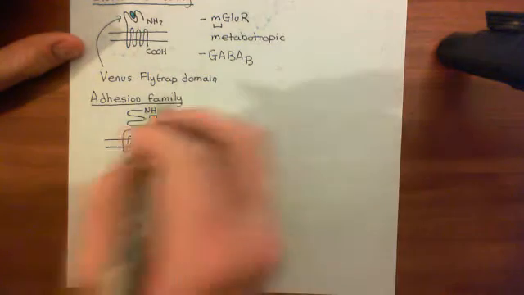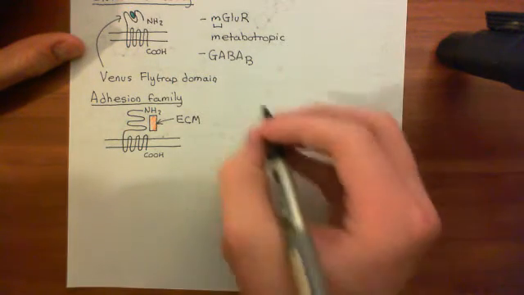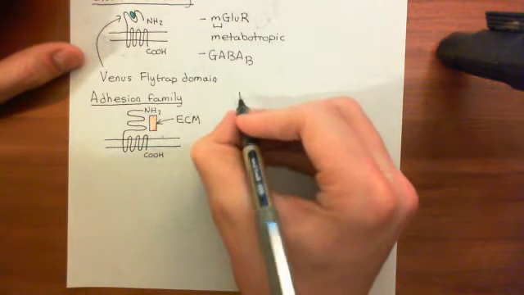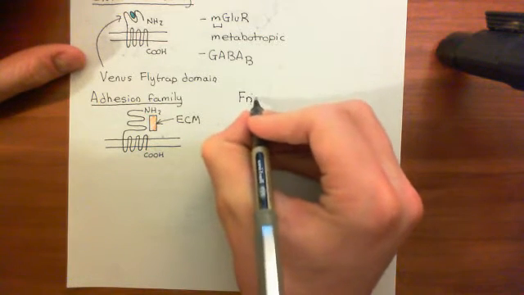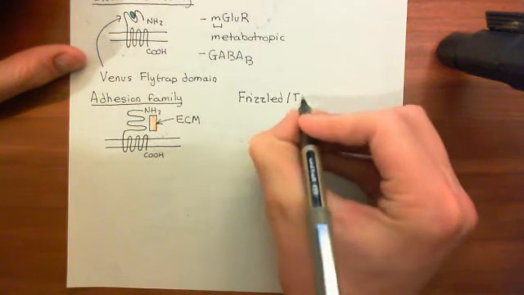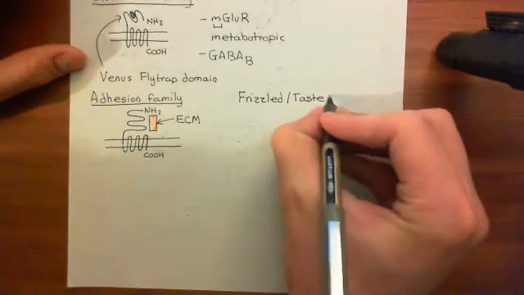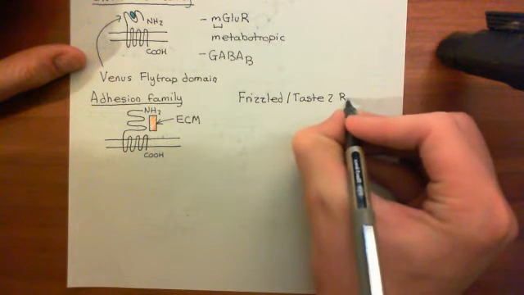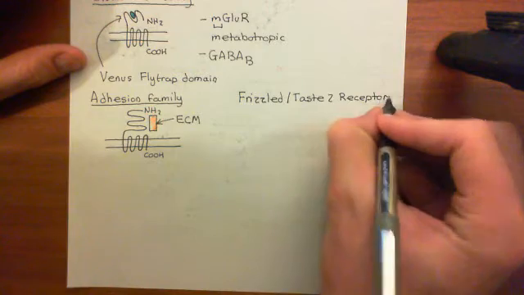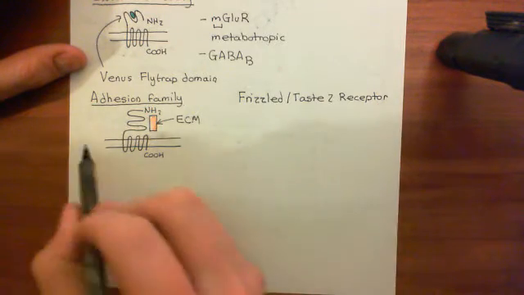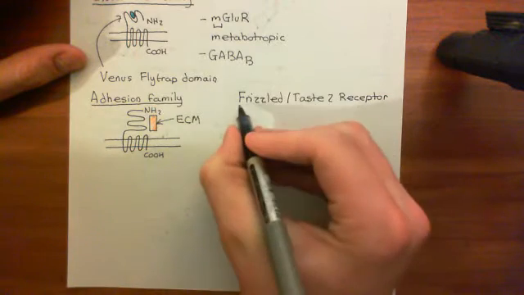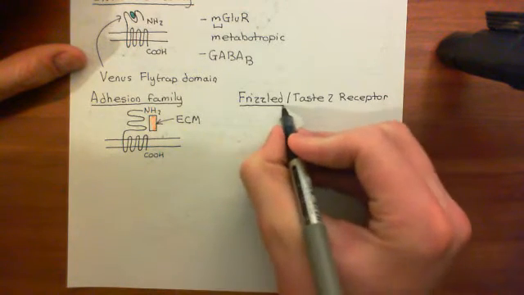Right, so that's the adhesion family of G protein coupled receptors, and now we'll finish this discussion off with the final family, which has by far the silliest name, which is the frizzled / taste 2 receptor family. Now these are G protein coupled receptors, and they have more typical ligands than adhesion family G protein coupled receptors.